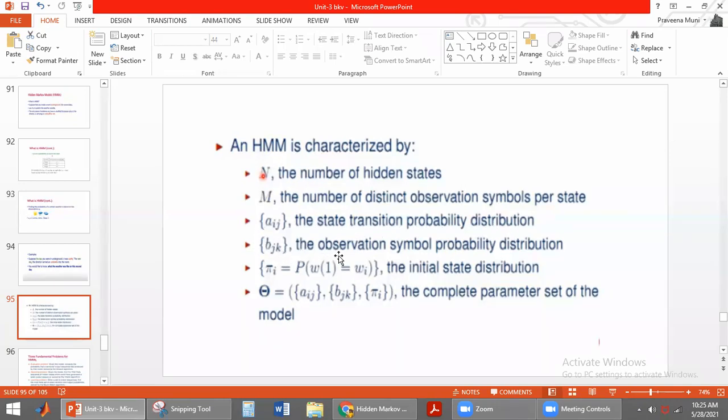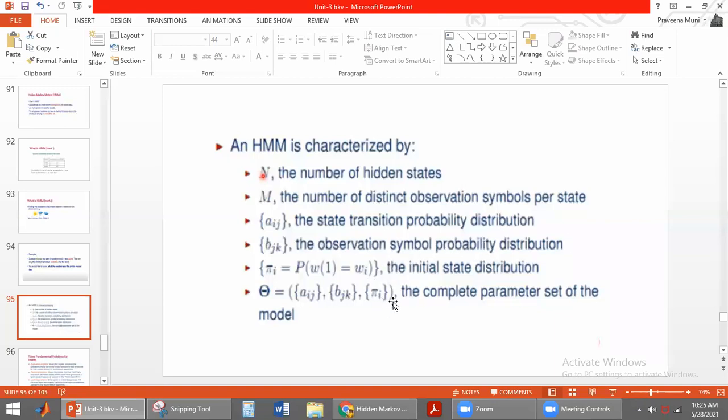Bjk is the observed symbol probability distribution.